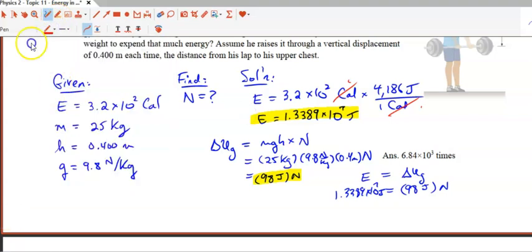Of course, the joules cancel here, and so we end up with a unitless quantity. And then we are just taking the ratio of 1.3389 times 10 to the power of 7 joules all over 98 joules.